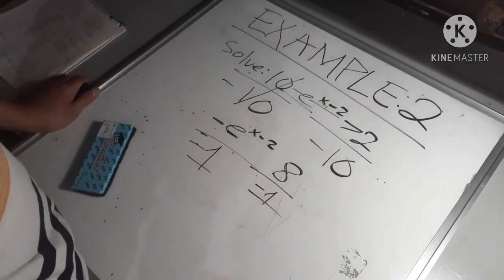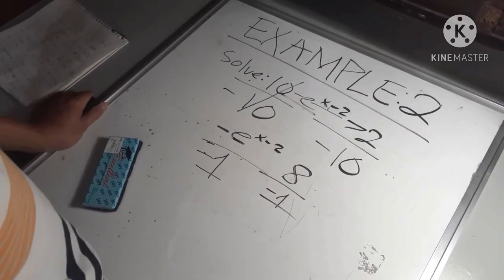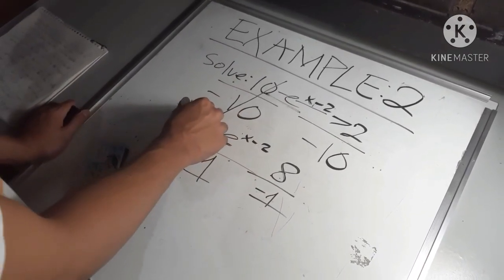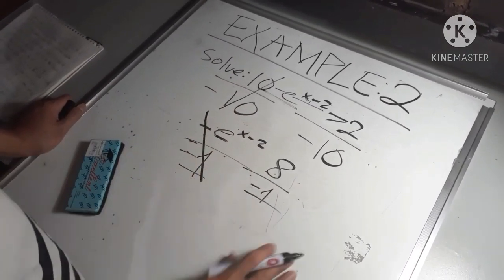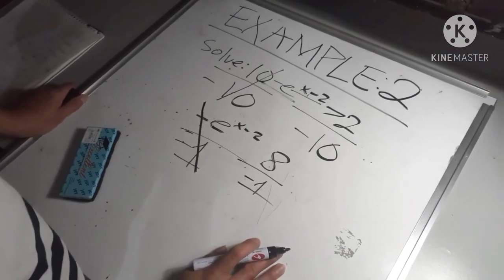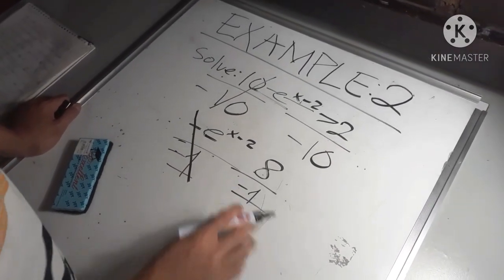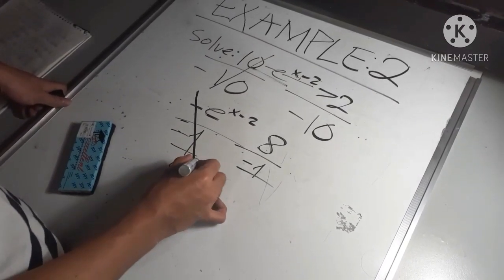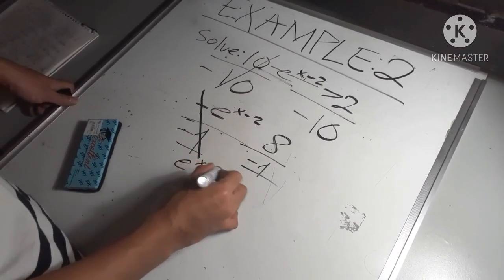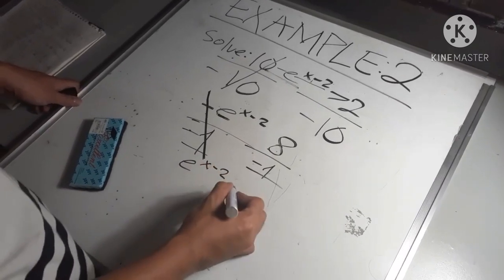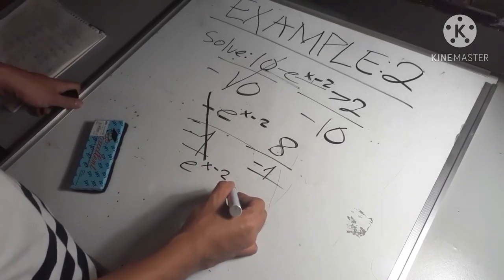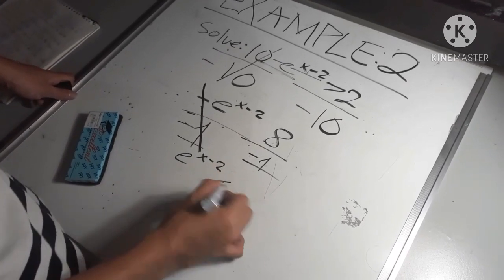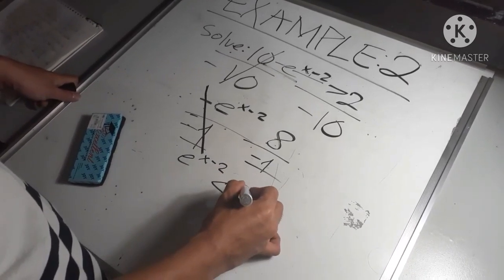The next step here is to cancel the negative 1 and the negative sign. So the answer must be e to the power of x minus 2 greater than 8.